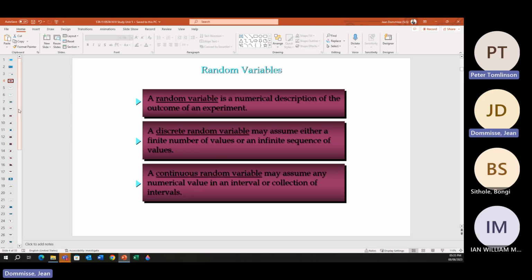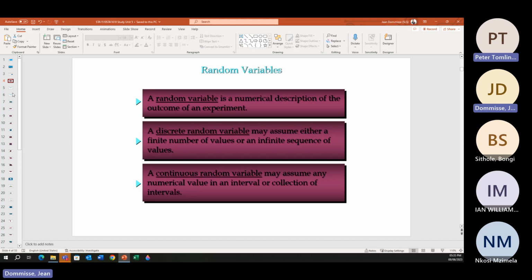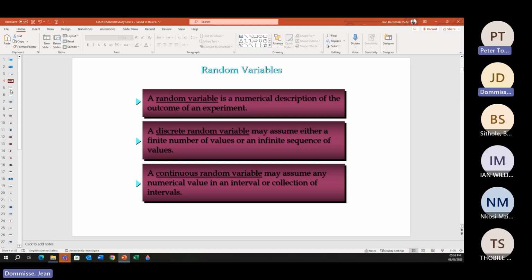Again, if you can remember, discrete was anything like 1, 2, 3, 4, 5, but it could also have been 1.5, 1.7, where your continuous was more numbers that are anything in between as well. For now, this study unit 5, we focus on discrete. When we get to study unit 6 and above, we will focus on continuous.